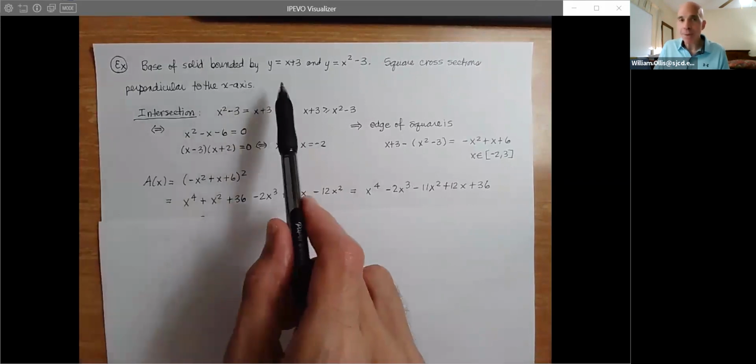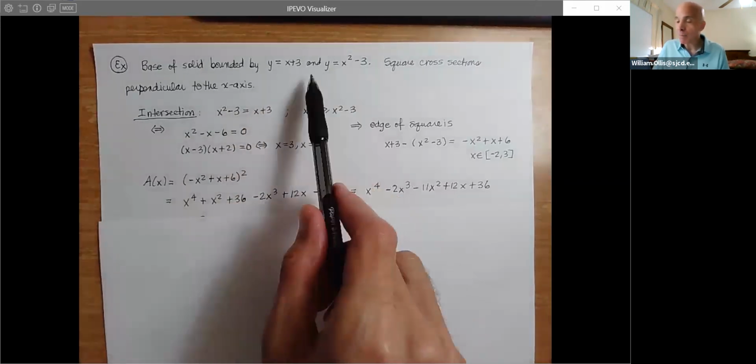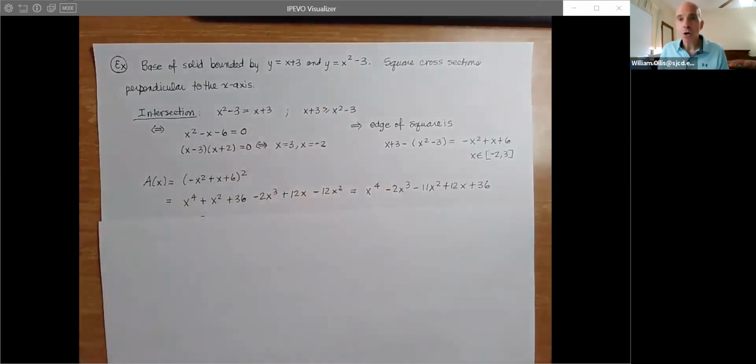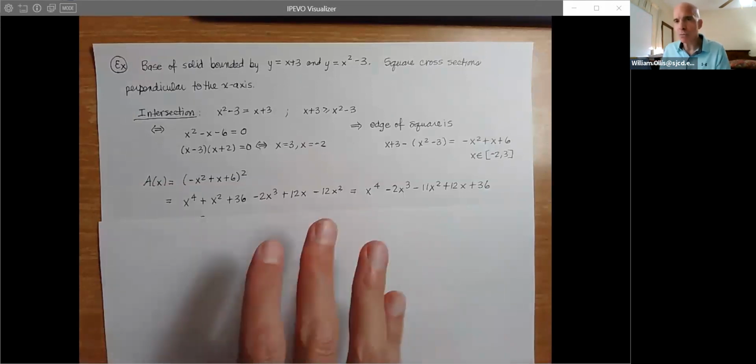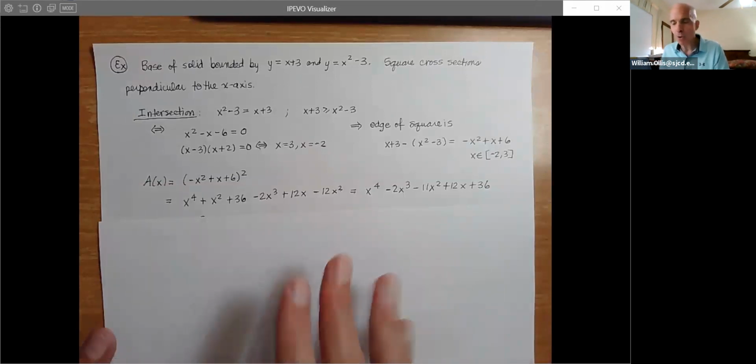In this case, the base of the solid is bounded by these 2 curves. So the base really is what depends on what the given information is. With the square pyramid, the base is a square, and the cross sections perpendicular to the y-axis or vertical axis are also squares. But I thought this was nice because it was more like the area problems.